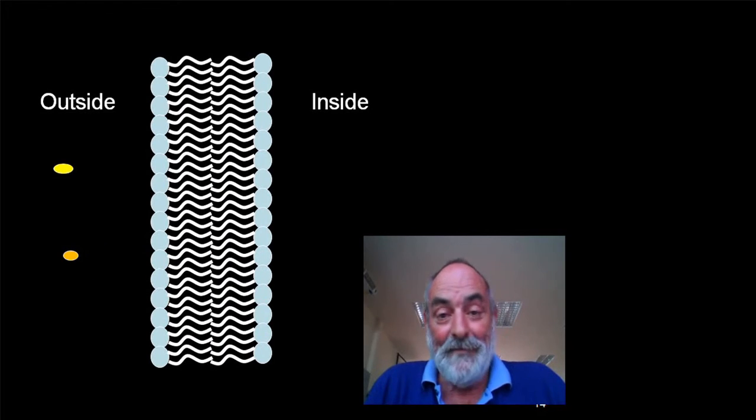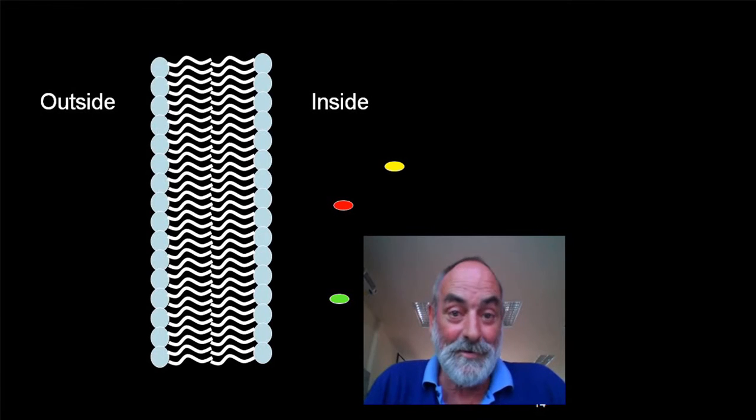So, we have the outside of the cell and the inside of the cell. And by diffusion, small molecules can pass through the cell membrane and not break it. In the same way, molecules inside the cell can move through the membrane to the outside.